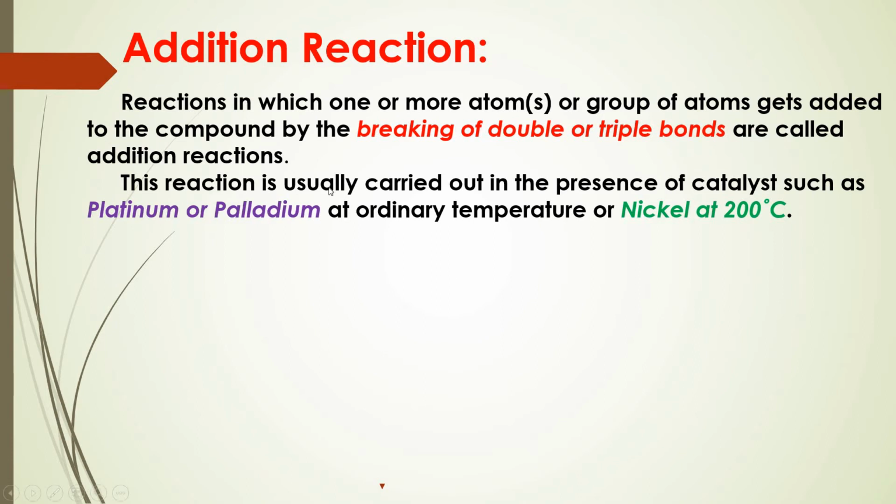This addition reaction is usually carried out in the presence of catalysts such as platinum or palladium at ordinary temperature, or nickel at 200 degrees Celsius. So it is a catalytic reaction. Addition reactions of alkenes and alkynes are catalytic reactions, and the catalysts used are either platinum or palladium at ordinary temperature, or nickel at 200 degrees Celsius.